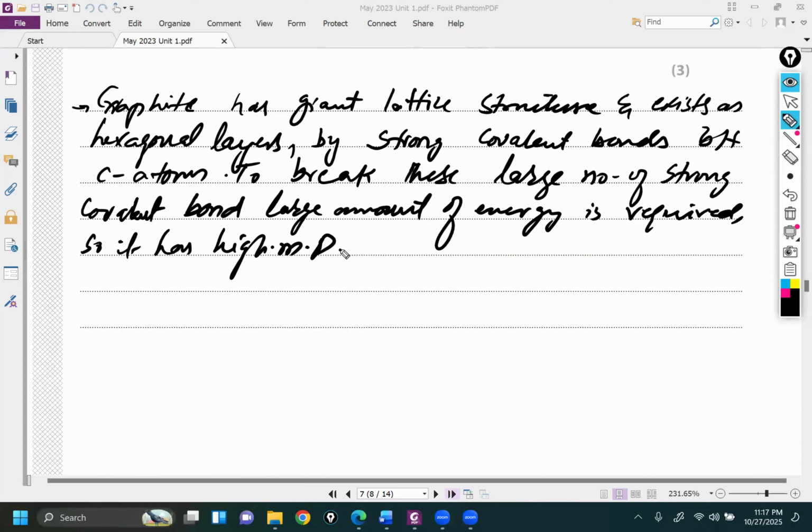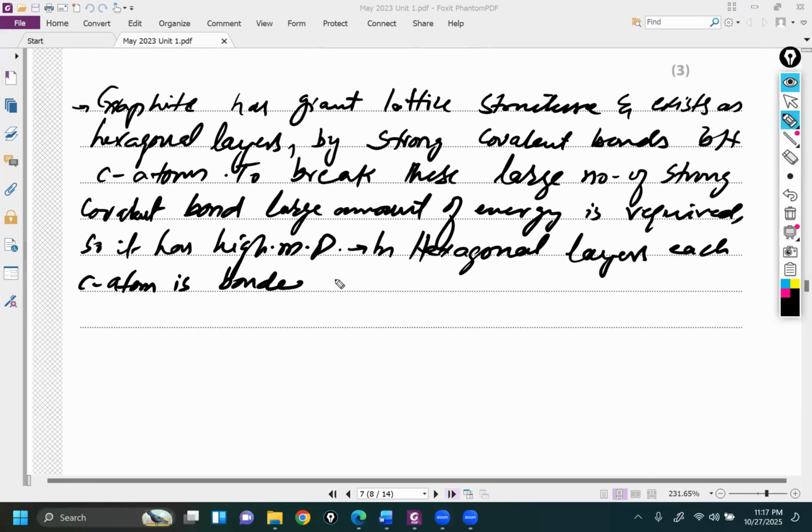Now, if you look at the structure, the second part: in hexagonal layers, each carbon atom is bonded with 3 other atoms.